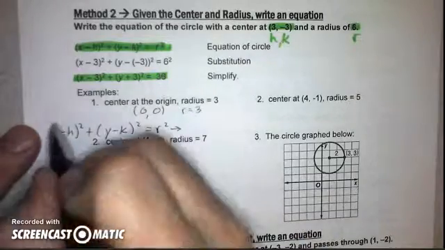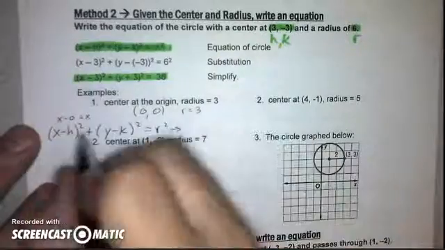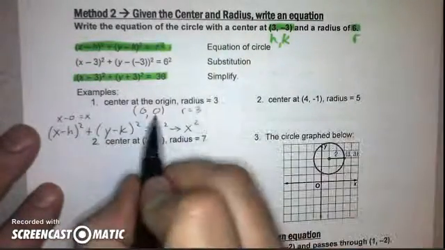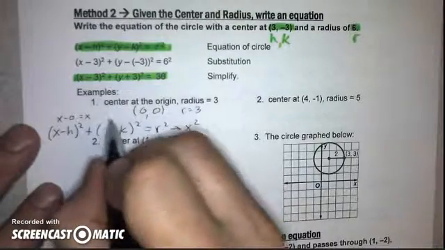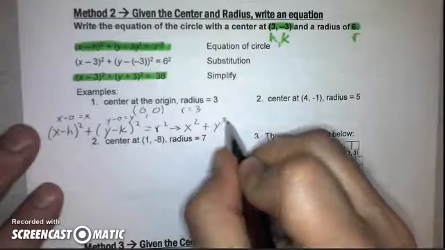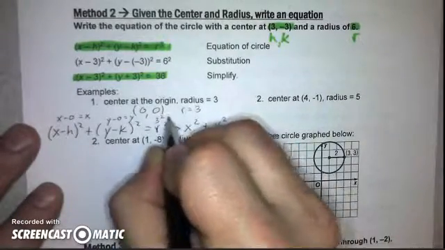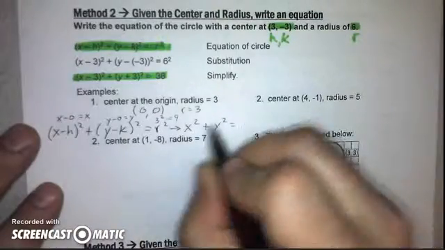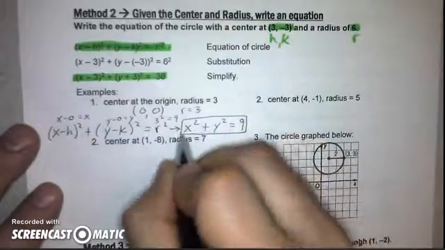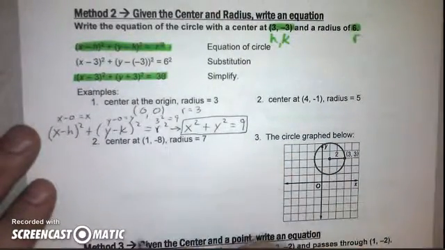Well, if I have x minus 0, that's just x. So that whole first part becomes x squared. Same thing for y minus k. Y minus 0 is just y. So we have plus y squared equals 3 squared equals 9. So instead of writing it as 3 squared, we write it as 9. So that is a circle with a radius of 3 centered at the origin.